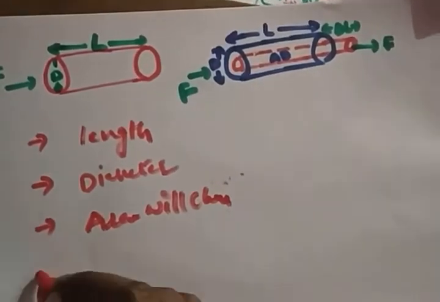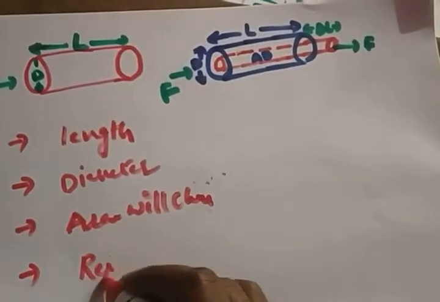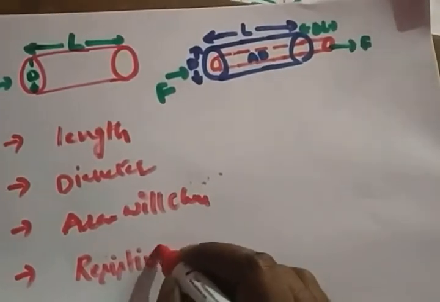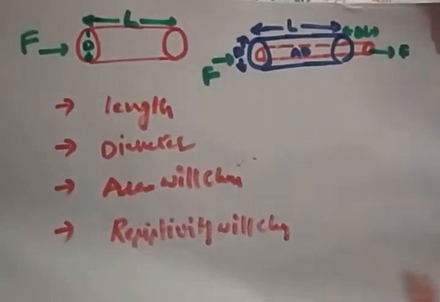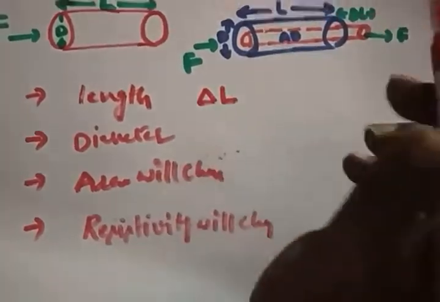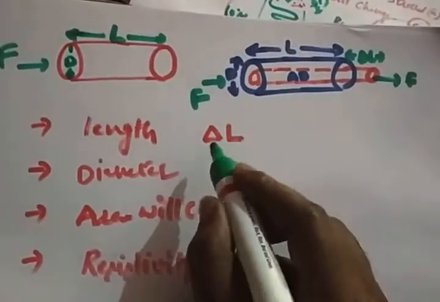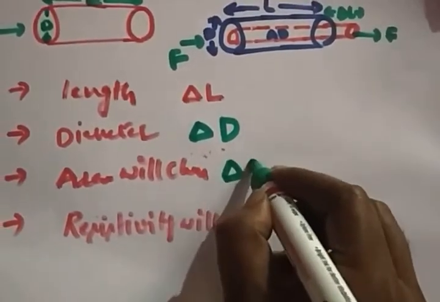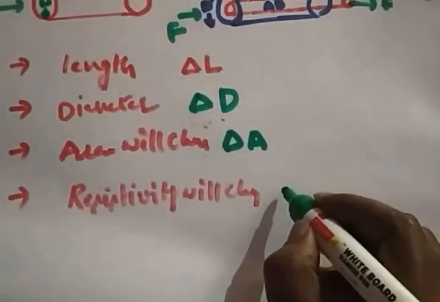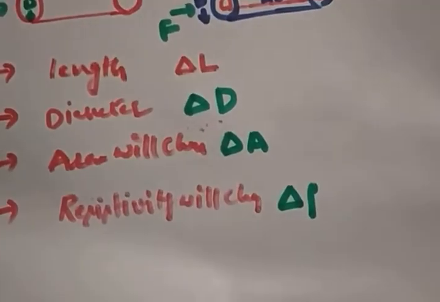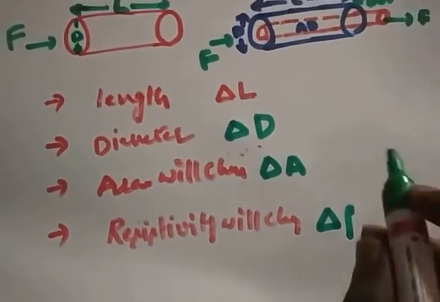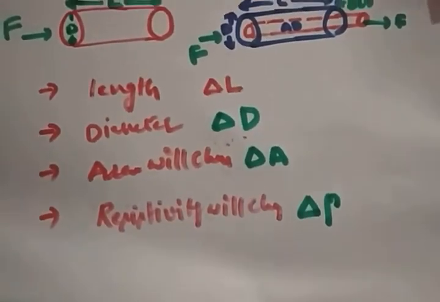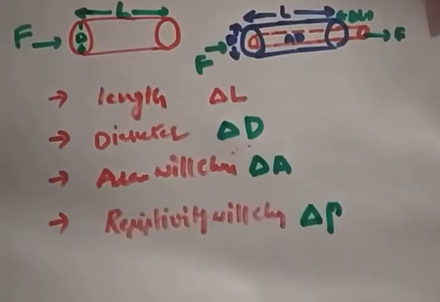The fourth one is the resistivity will change. The change in length we call delta L. The diameter change we call delta D. The area change we call delta A. The resistivity change we call delta rho. You know that these are the parameters that change.